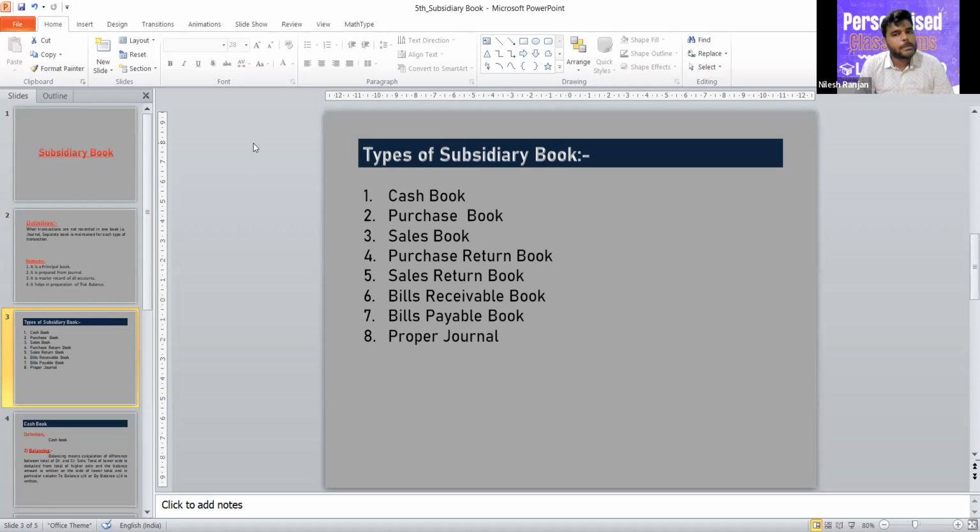So sales return book. Which type of transaction will be recorded in sales return? Credit transactions. Credit sale transactions and returns from those sales, which means we have received goods back from our customer.